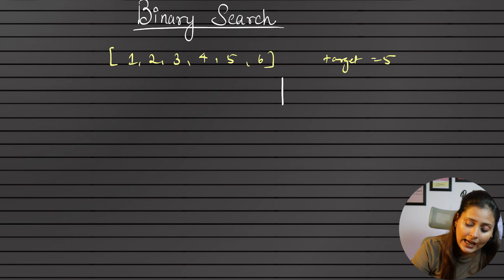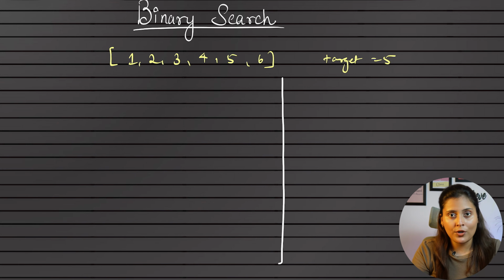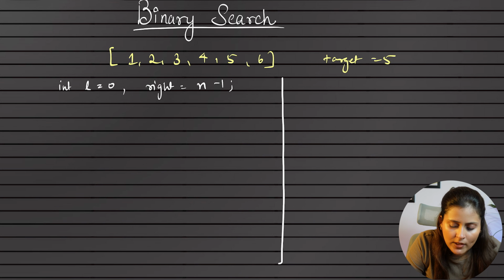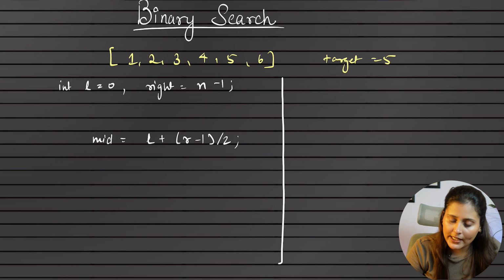So now let's write the iterative code on the left side, and then we will change it into recursive code on the right side. First we initialize our left pointer at 0 and right pointer at, let's say, length n minus 1, correct? Now we have to calculate mid, which we calculate as left plus (right minus left) divided by 2, correct?